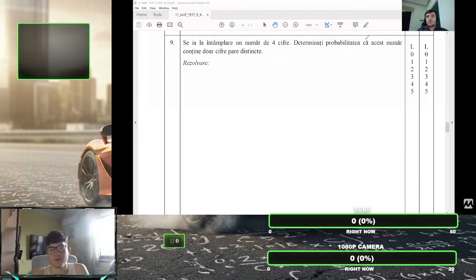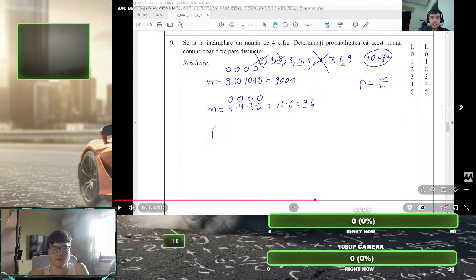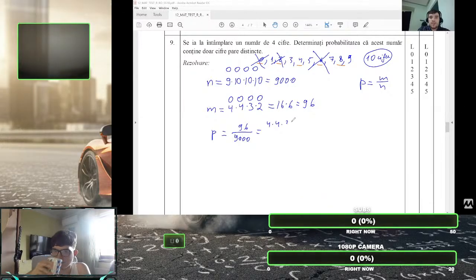Find the probability that this number contains only... I think I did something like this, so I'm gonna skip this over. Yeah, you can see how basically it's solved. It's not that hard. Let's skip this one. I already watched this.